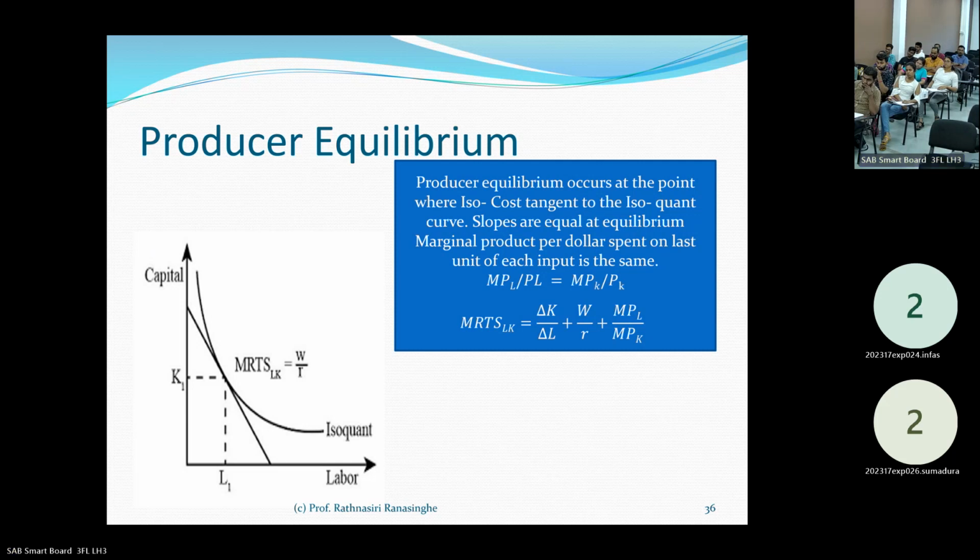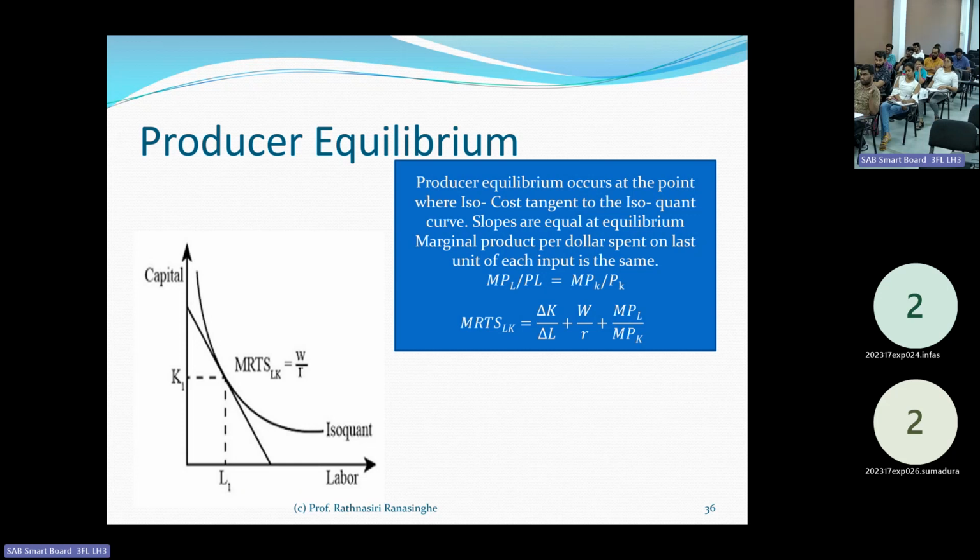But here we take cost into account also, together. So this is the cost minimizing output level at the tangent point. Because in economics, mostly we talk about the economically efficient output level, that is the cost minimizing output level.